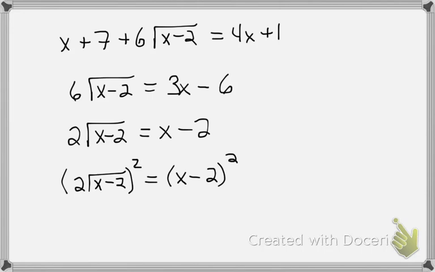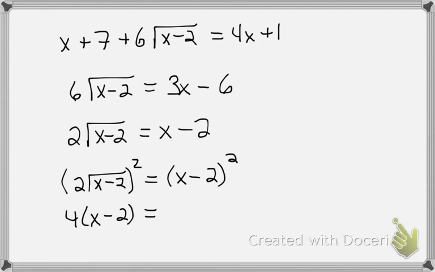So somebody who hasn't been speaking up as much, I'm going to pick on some of you shyer ones. What do I get on the left side? 4 times x minus 2. All right, 4 times x minus 2. Do you guys all agree with him? He took the bullet for you, so to speak.